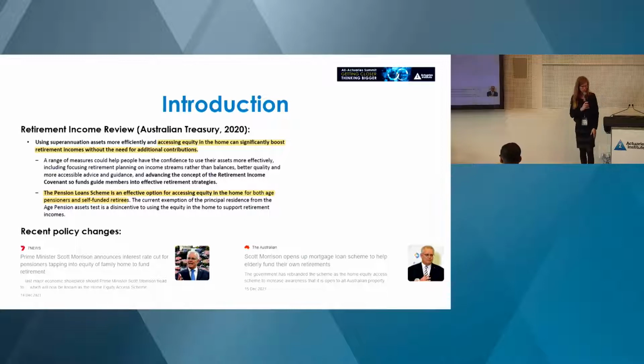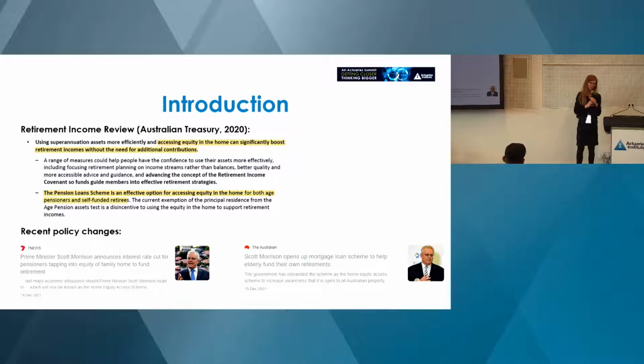The pension loan scheme has been around for several decades, but it has received a lot of policy attention since 2019. In July 2019, they opened up that scheme to all Australians of aged pension age, and they increased the amounts that you can take out to 150% of the age pension.